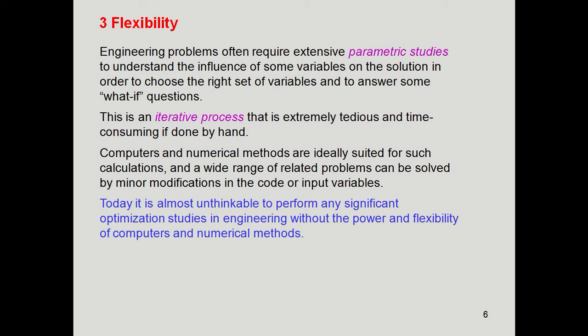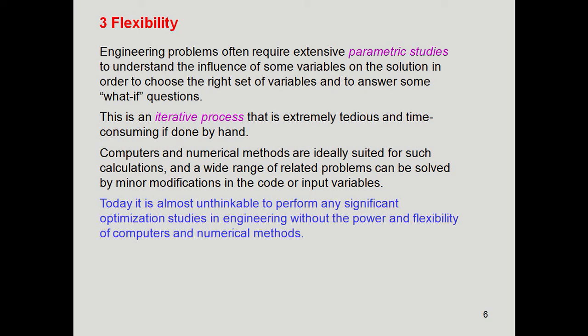Then, for such a problem, what will happen if parameters are going to change? We can solve this problem by using computers or numerical methods by changing a small part of the code or the input variables. Today, it is almost unthinkable to perform any significant optimization studies in engineering without the power and flexibility of computers and numerical methods.